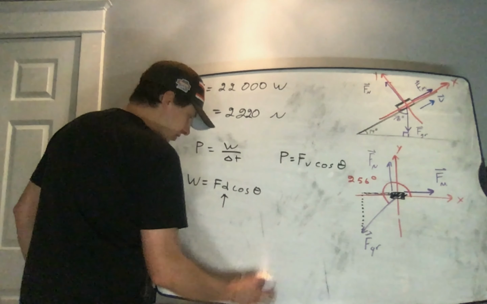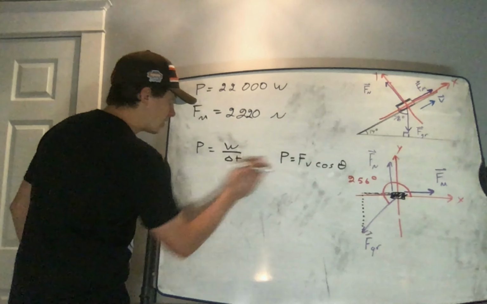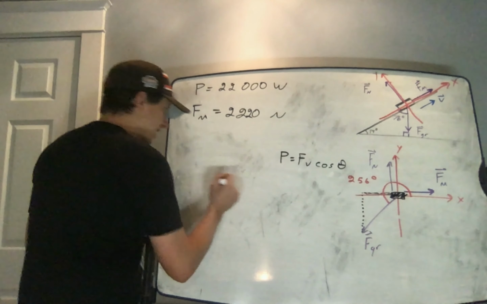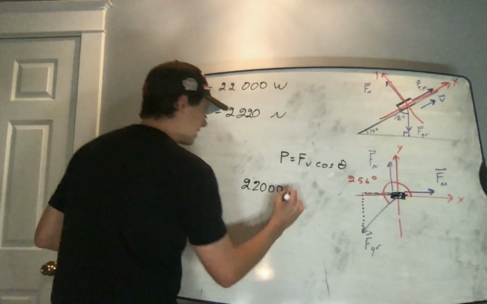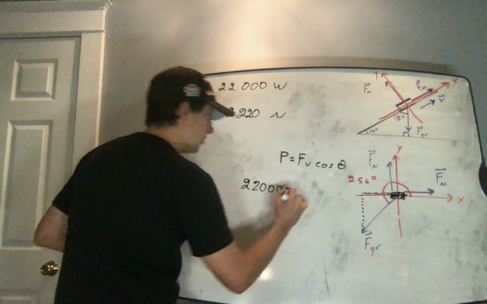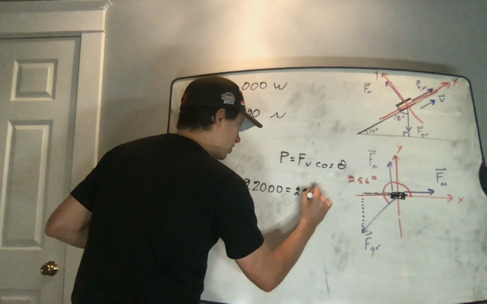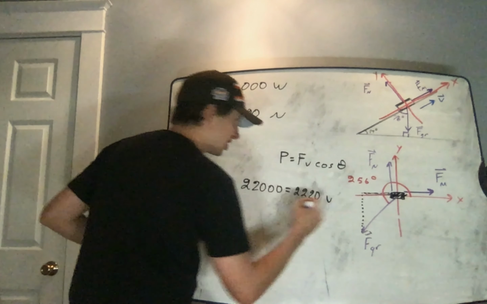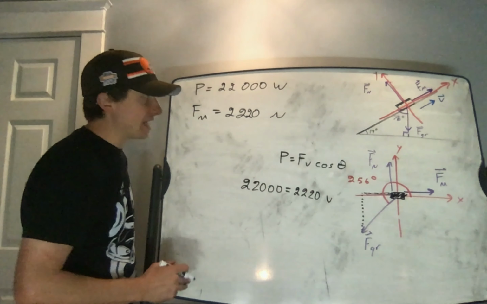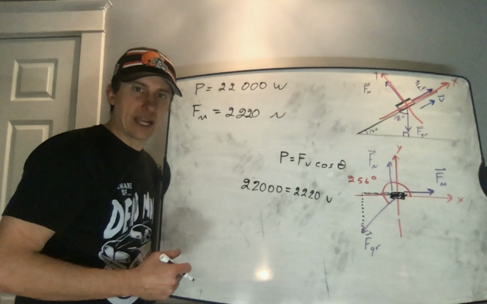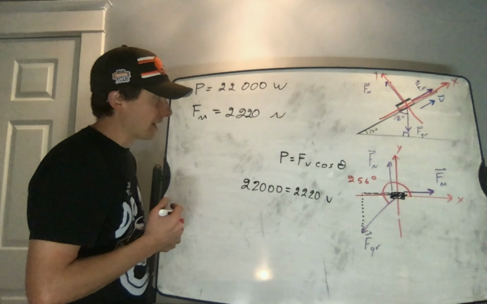So I am going to use the second equation to write power as 22,000 watts is equal to the force of the motor, 2220, times the speed at which the skiers are moving, times the cosine of the angle between the force vector and the velocity vector.